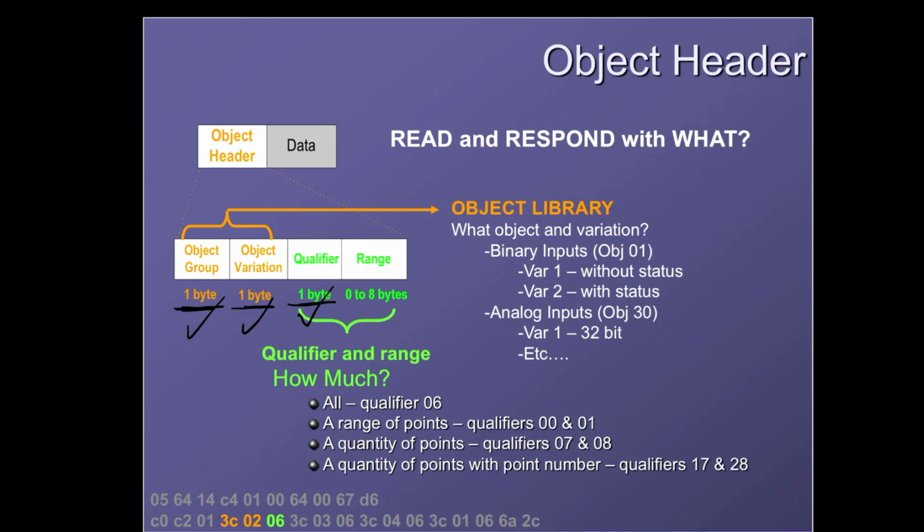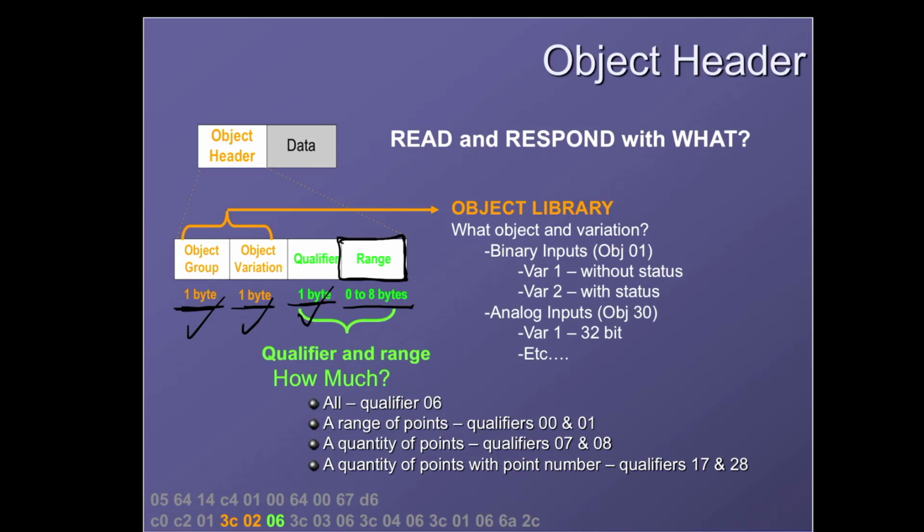This is where things can differ, because when we're talking about what's called the range field, that can be from 0, that is to say it doesn't even exist, there is no range field, or all the way up to 8 bytes, to say what we want in the range of points being requested or returned in a response.